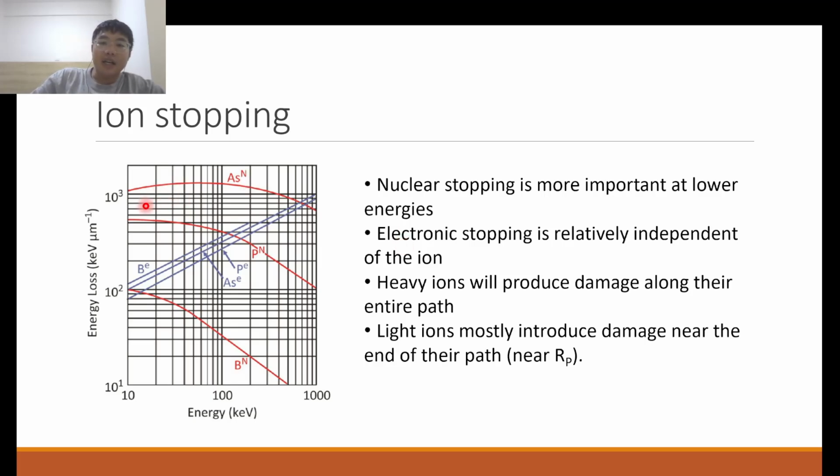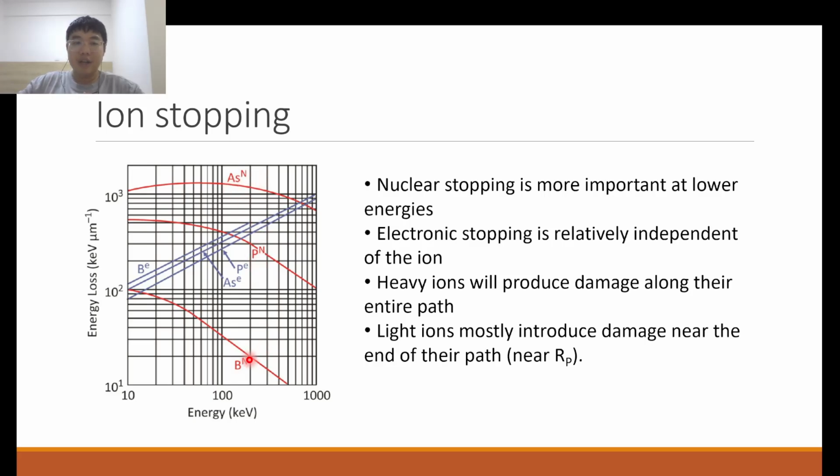Your red curve is the energy lost to nuclear stopping. Your blue curve is the energy lost to electronic stopping. Nuclear stopping is more important at lower energies, and then it declines at higher energies. And we see that it's more significant for your arsenic than your phosphorus, than your boron.